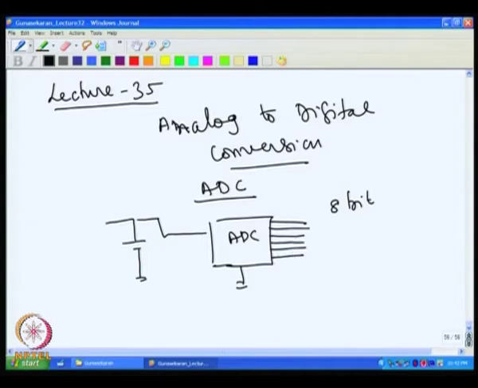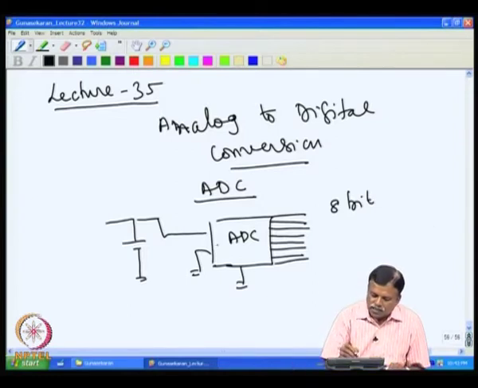So, an 8-bit converter means that corresponding to the analog value, you get a digital output of 8 bits.